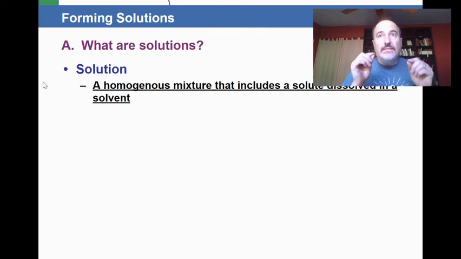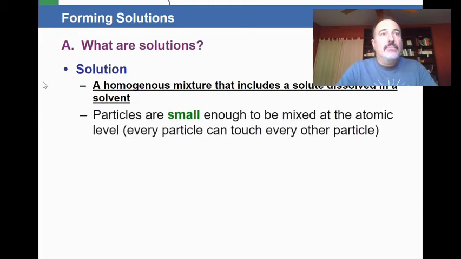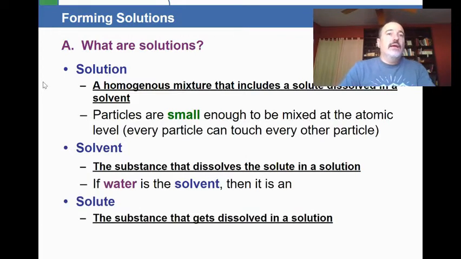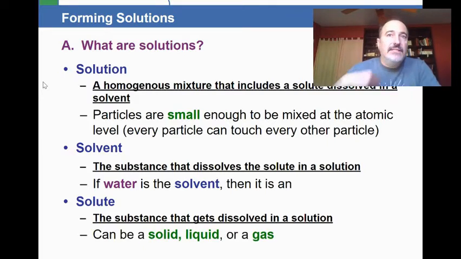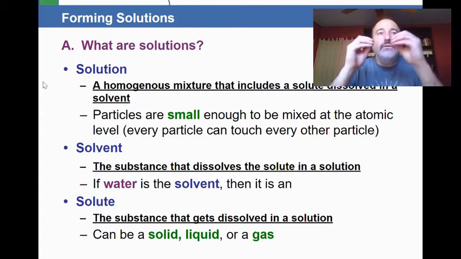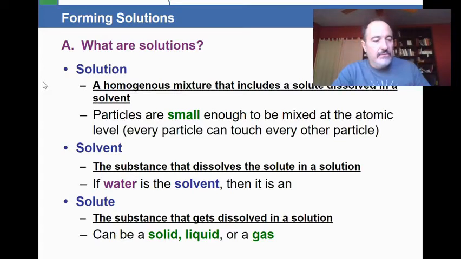Basically, the solute, which is the part that gets dissolved in the solution, okay? And the solvent is the thing that does the dissolving. They're all at the atomic level, okay?